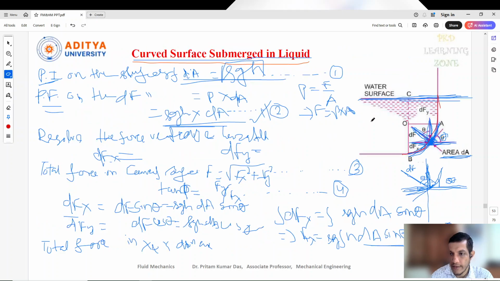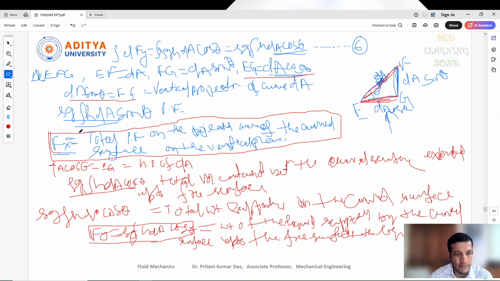Looking at this diagram, the total weight of the liquid present here is supported by the surface, and that vertical component Fy is the force acting on the curved surface. So here we don't need to identify any center of pressure, because this is a curved structure. I hope you understood this.